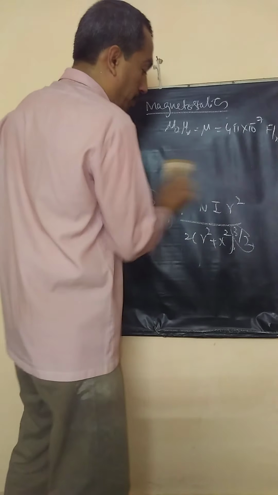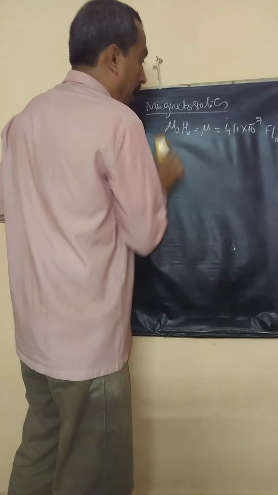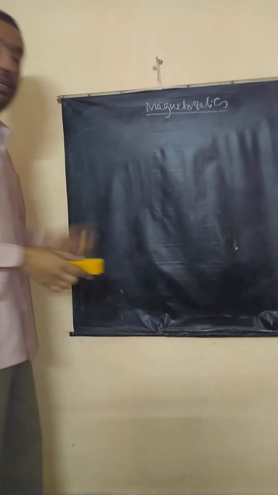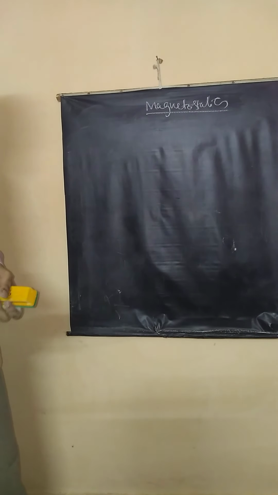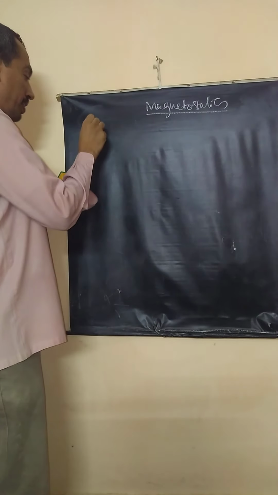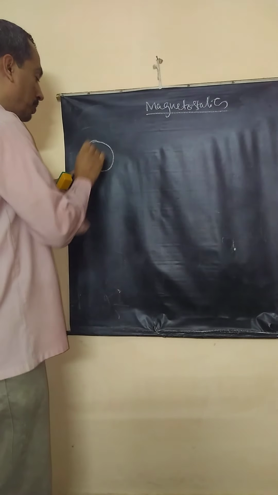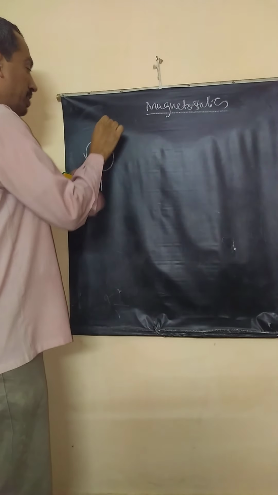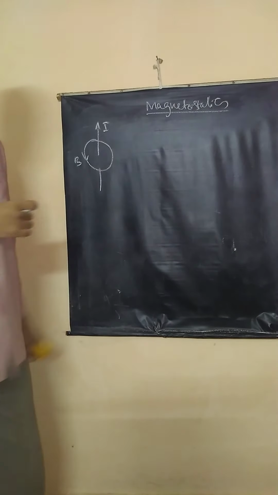Like Biot-Savart's law, we have Ampere's law, which relates current and magnetic field. Suppose I is the current and B is the magnetic field.